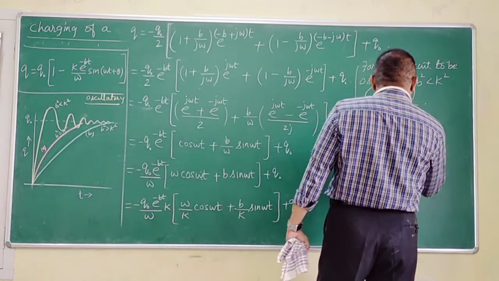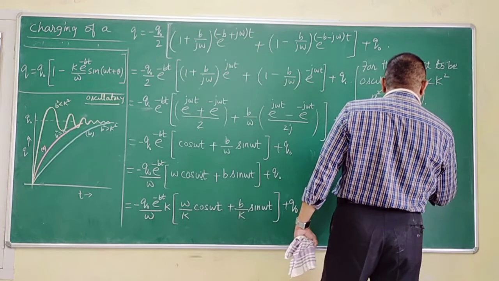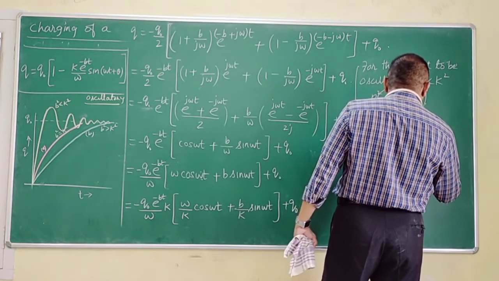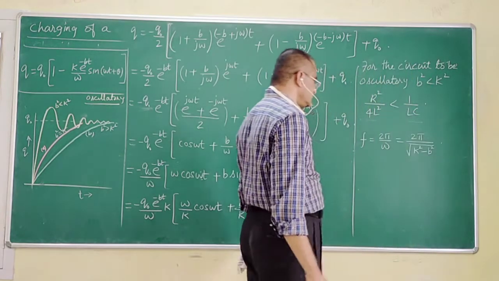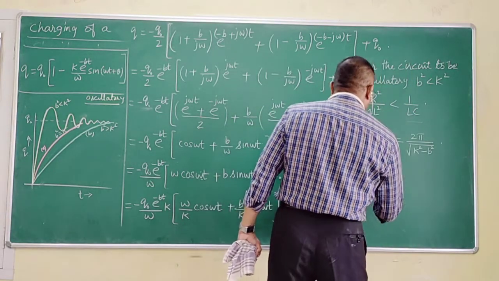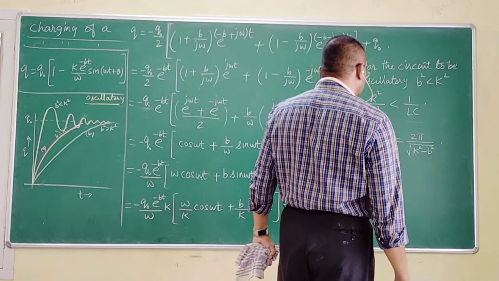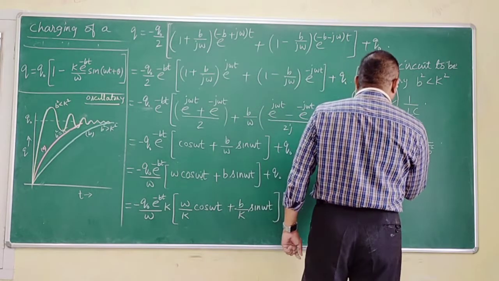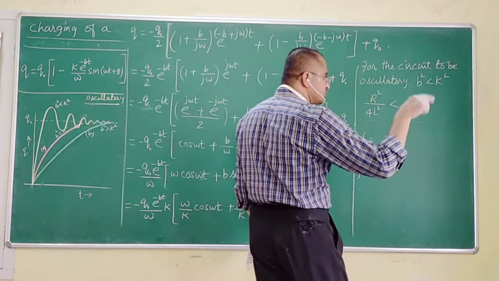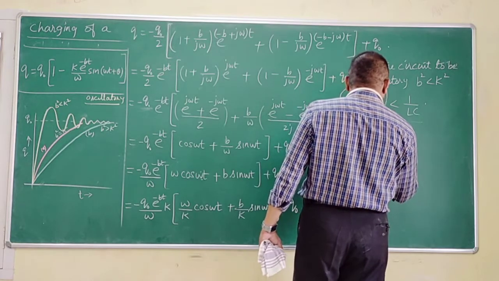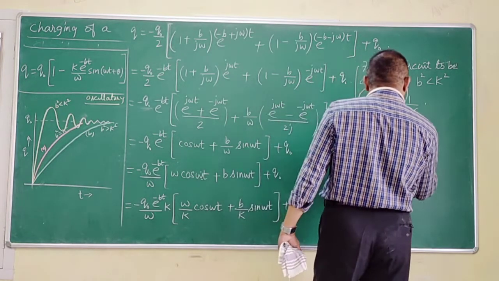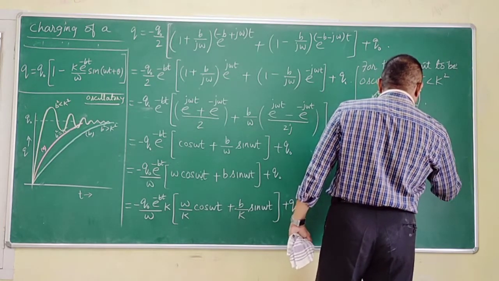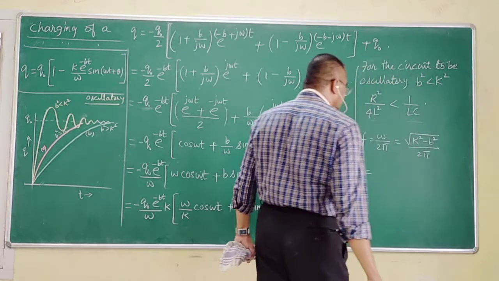And therefore this will be 2 pi upon under root of k squared minus b squared. Therefore, f will be equal to omega by 2 pi, sir. T is 2 pi by omega. Therefore, omega by 2 pi. Therefore, under root of k squared minus b squared upon 2 pi.